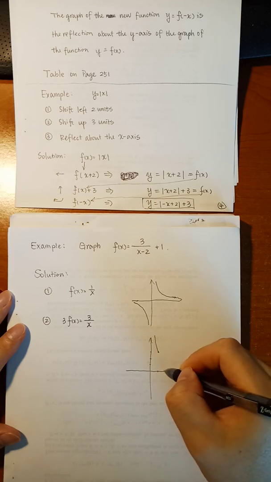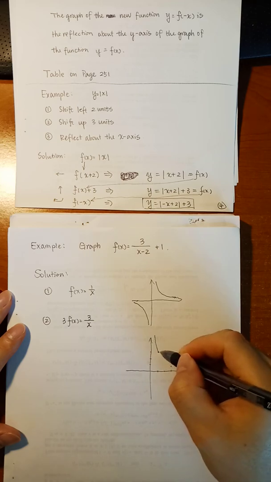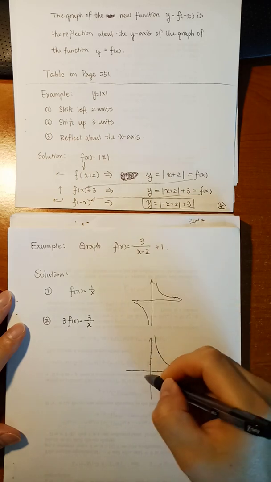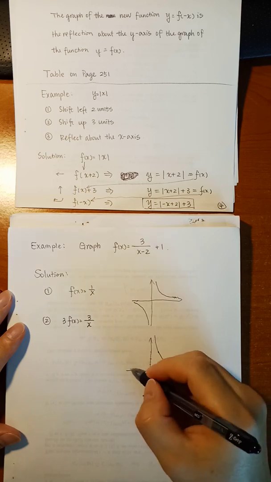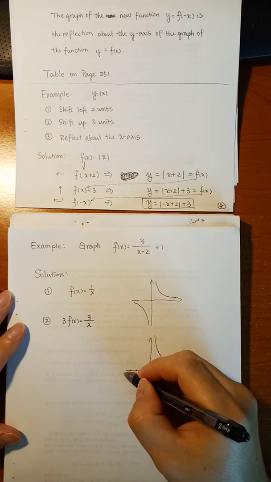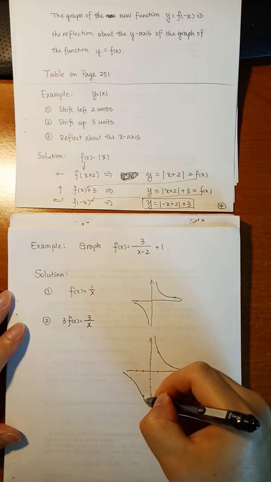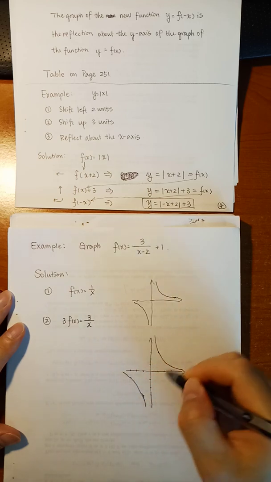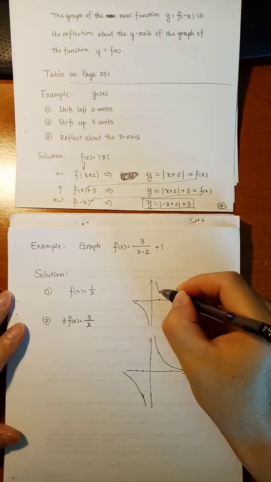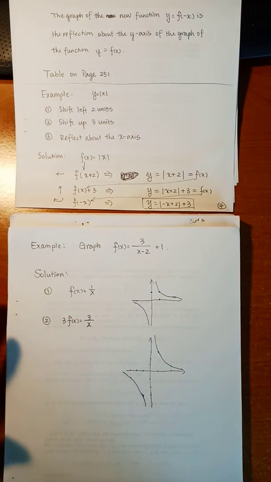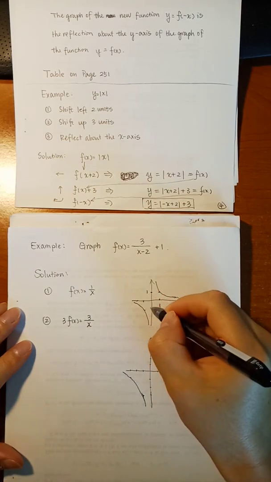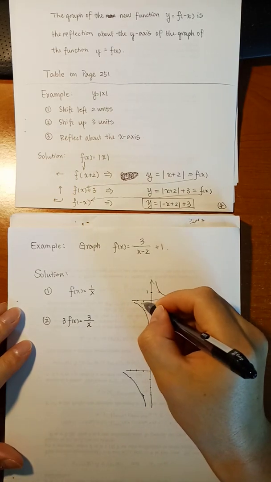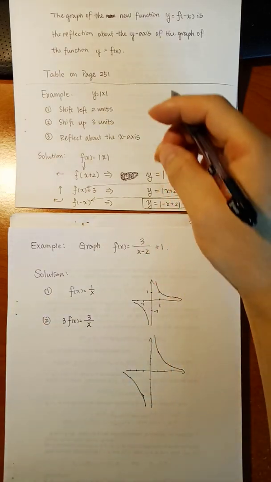When x is 3, y becomes 1. Negative 1 gives negative 3. Negative 3 gives negative 1. It's difficult to see if it's stretched or compressed. This was 1, 1 and negative 1, negative 1. Okay, so you stretch it.